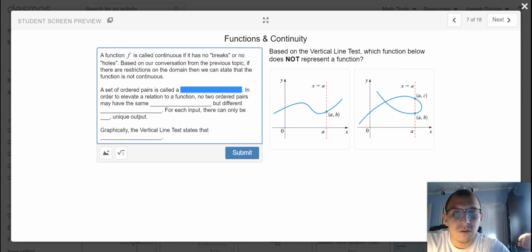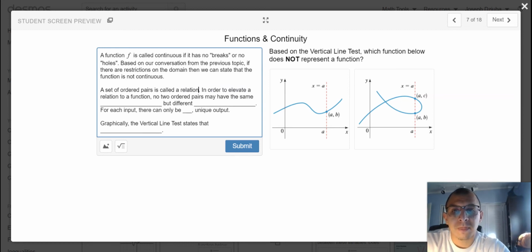Now, in terms of what's a function, what's not a function, everything in our world can be defined as a relation, right? That's a set of ordered pairs. In order to elevate from a relation to a function, I'm going to give you a real world example. Think of this idea of a relationship with a significant other.